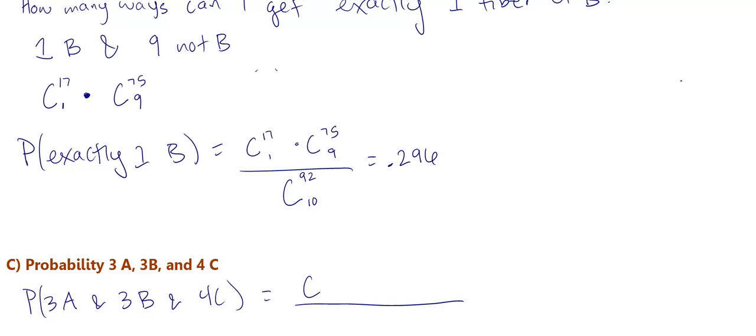Well, you have 43 A's to choose from, and you need to choose 3 of the A's. And then for the B's, you have 17 B's to choose from, and you need to choose 3 of them. For the C's, you have 32 C's to choose from, and you need to choose 4 of them. And the grand total of possible samples you can get is 92 choose 10. And this gives me 0.042.